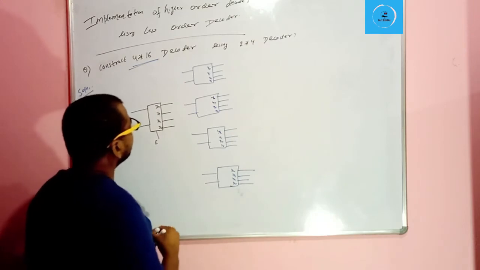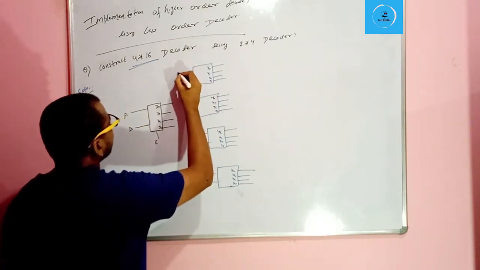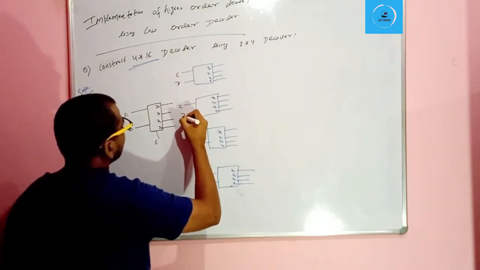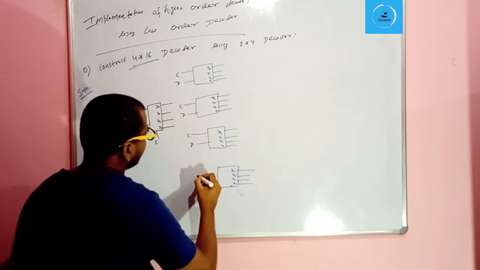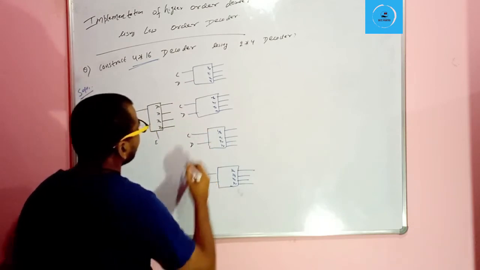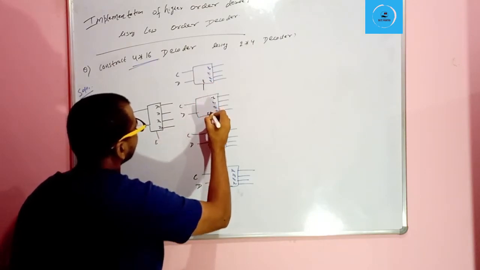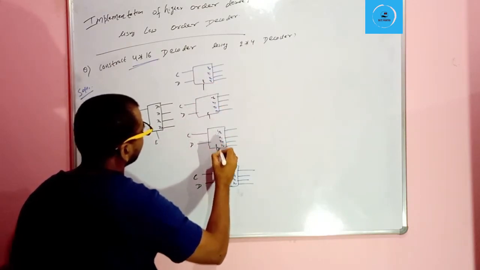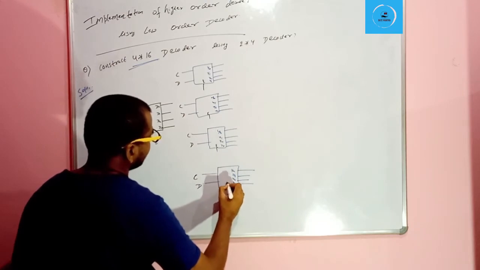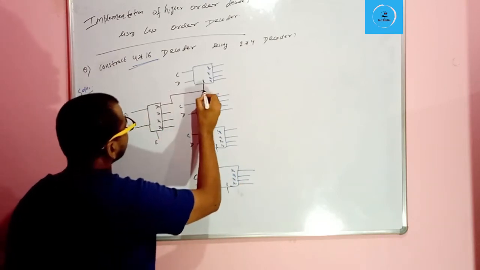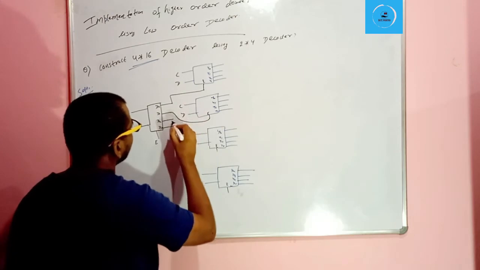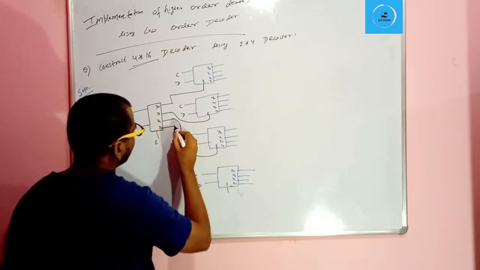Now we write the inputs C and D on each of the four decoders, and connect the enables like this.